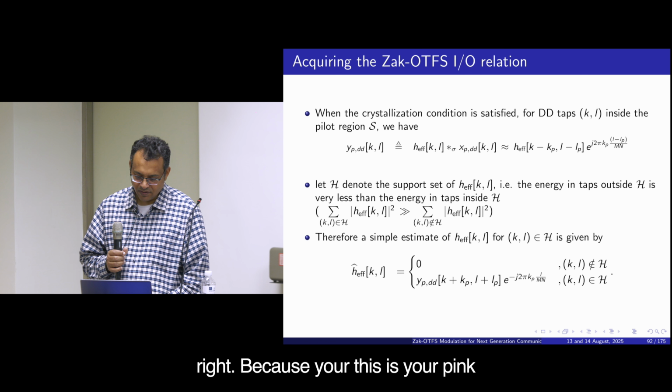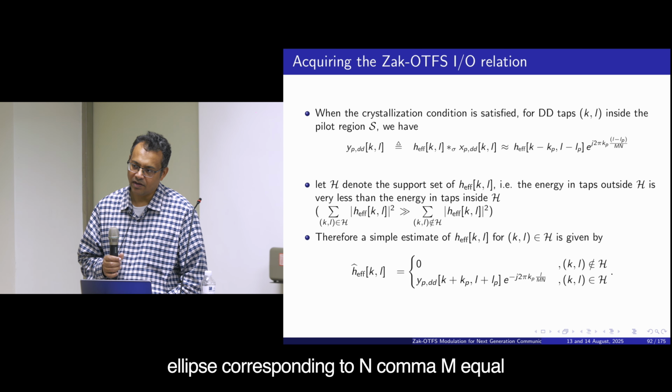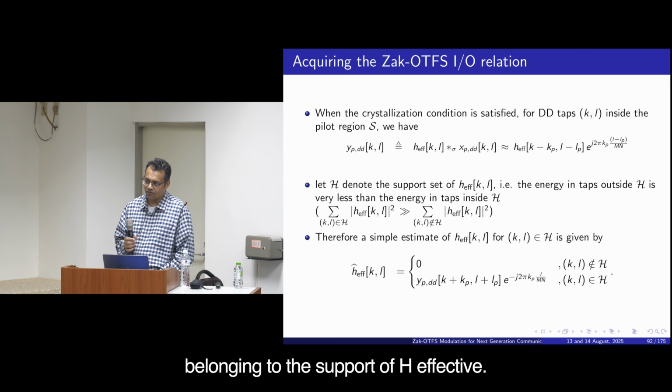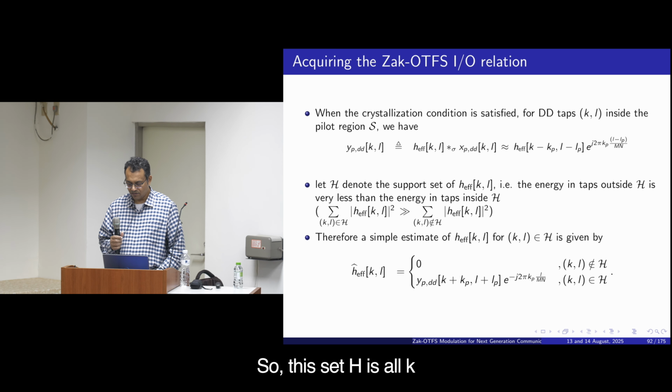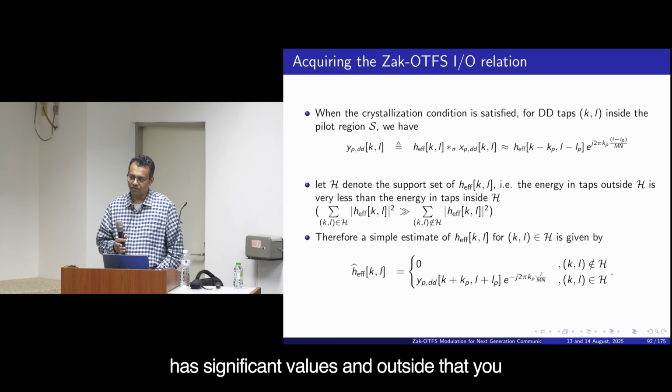That is what I showed here, right? Because this is your pink ellipse corresponding to n comma m equal to 0 0, for k comma l belonging to the support of H effective. So, this set is all k comma l pairs for which H effective has significant values, okay?